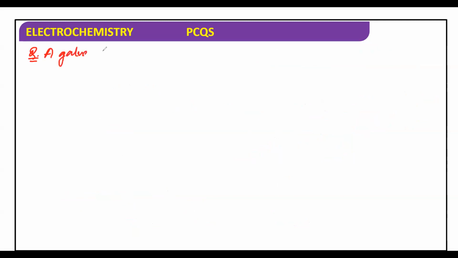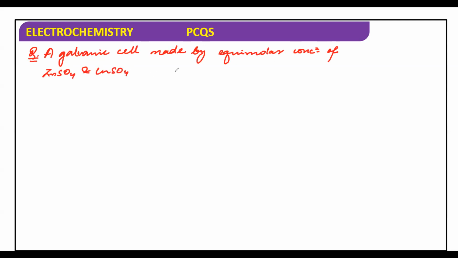A galvanic cell made by equimolar concentration of ZnSO4 and CuSO4 is present.